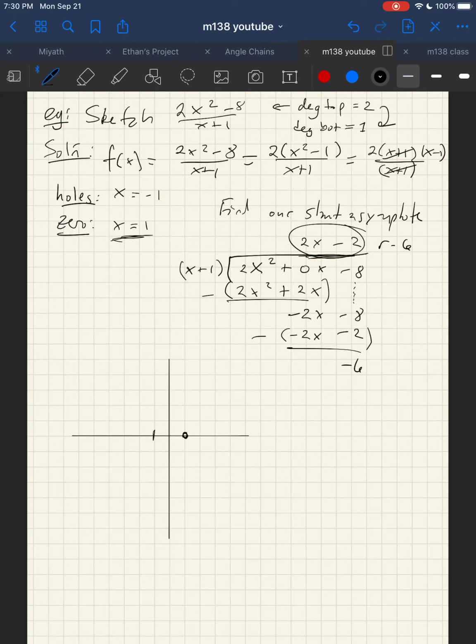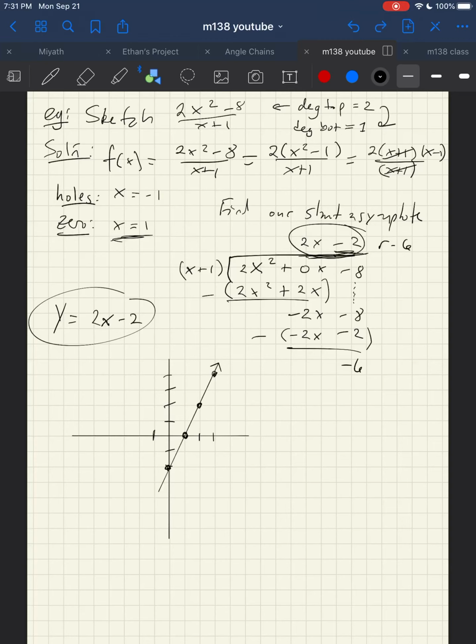So it's going to go up 2 over 1, so it's going to go through this point. Up 2 over 1, it's going to go through this point. This is y equals 2x minus 2. That's what I'm graphing here. It's got a y-intercept at -2, and that's in line with what we've got. So try again. That's close enough.